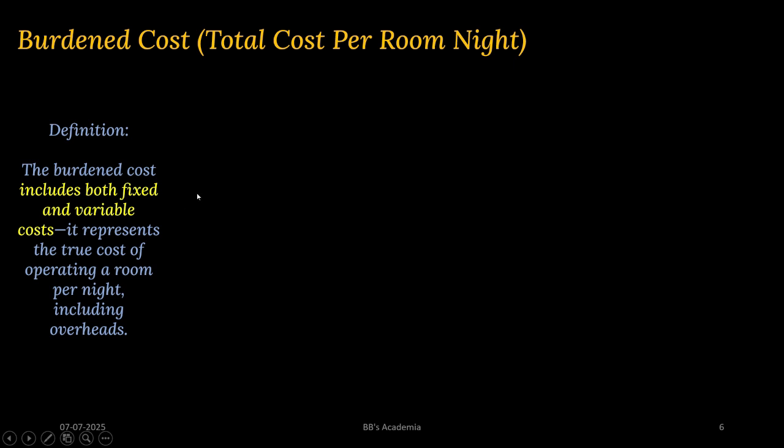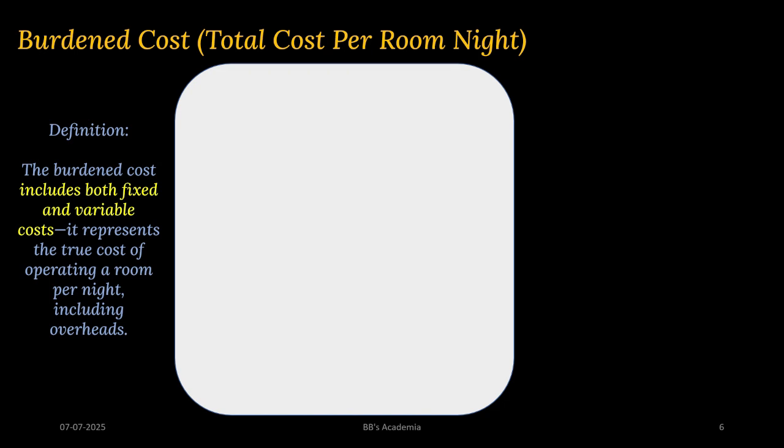Remember, incremental cost was based on only variable cost. In the case of burden cost, it is a total cost, including both fixed and variable cost. It represents the true cost of operating a room per night, including overheads. So the idea is clear. Let us see what the burden costs are.